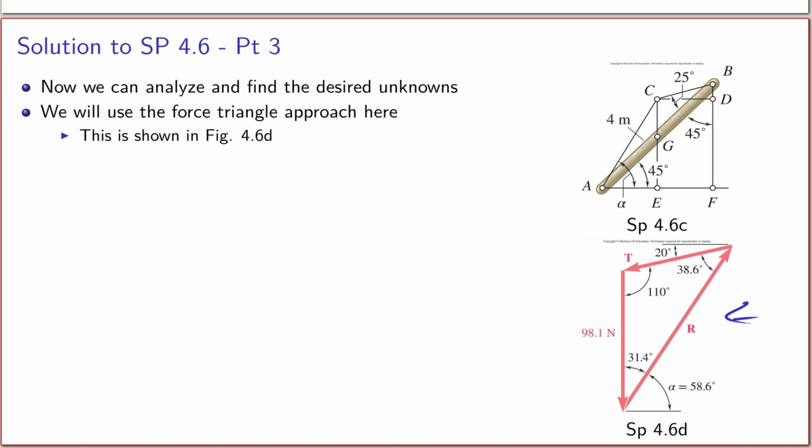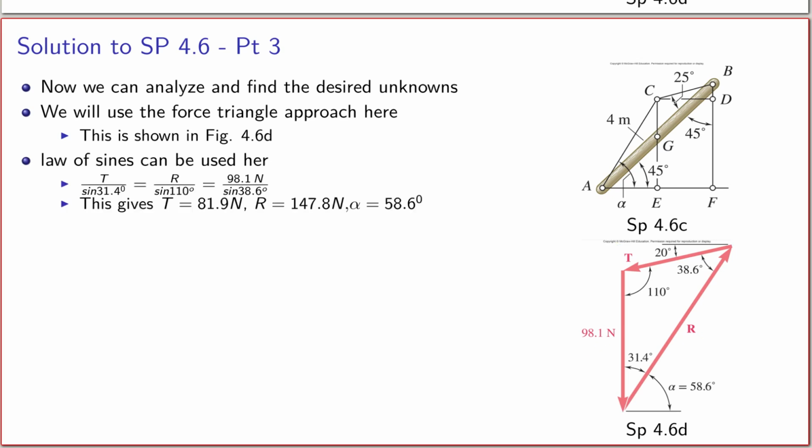So I've constructed the force triangle. Remember, when a system is in equilibrium, the force polygon should close onto itself. In this case, the polygon is a triangle, and you can see here I have R, I have T, and I have the resulting weight that's pointing downwards. And so this triangle must close on itself.